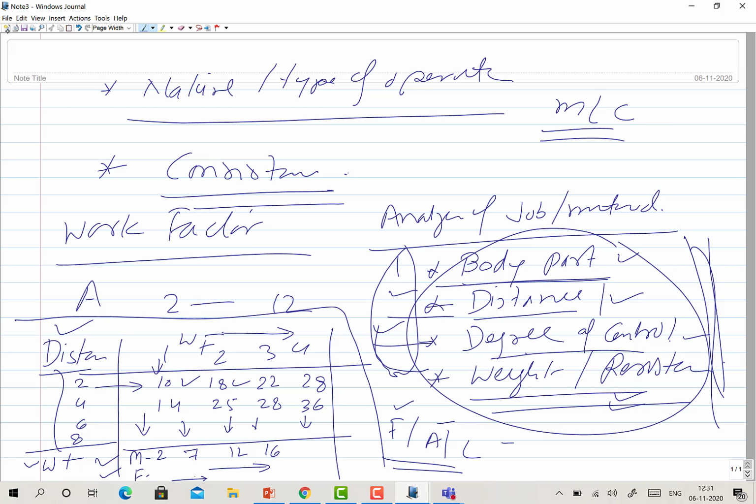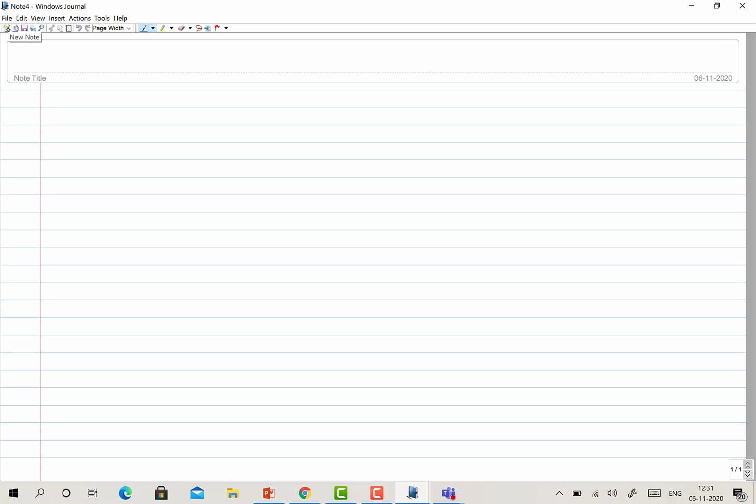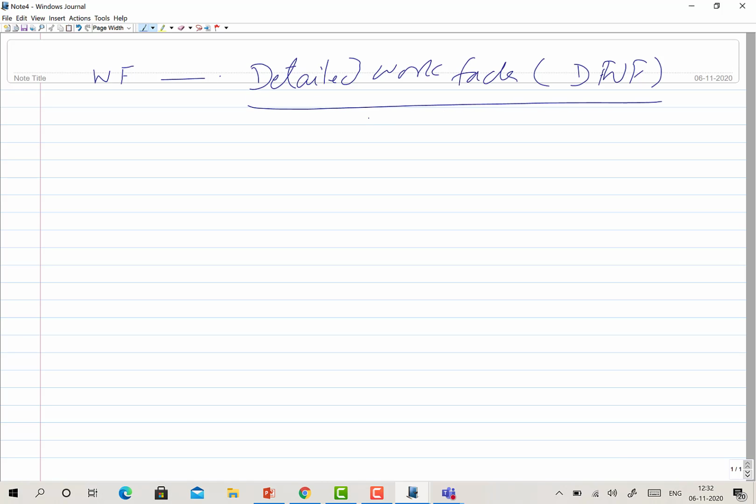A work factor method has 3 or 4 different types. The first one is called the detailed work factor method, DWF. This gives the highest accuracy, but at the same time it is the most difficult and time consuming.